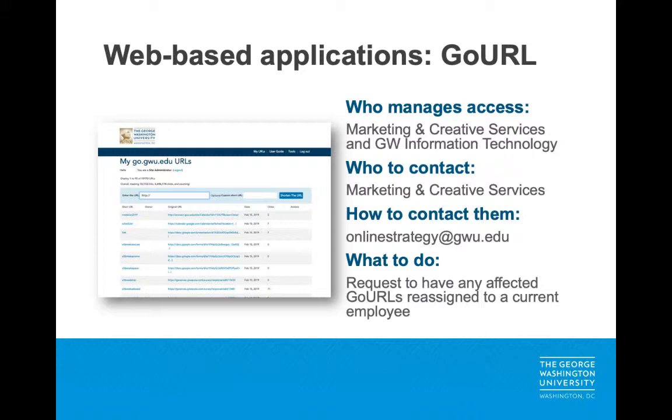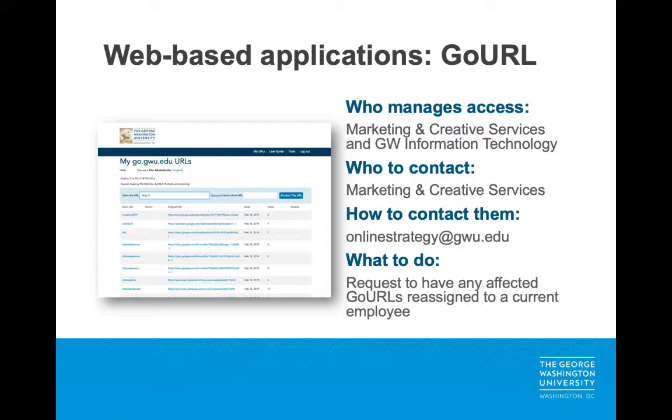So if your website address is kind of long as far as characters go, and you don't want to use that for a marketing campaign, or if you have a character limit on a marketing campaign of some sort, GoURL is a service available to all current faculty, staff, and students to create short links that will start with go.gwu.edu/ and then whatever you want that last part to be.